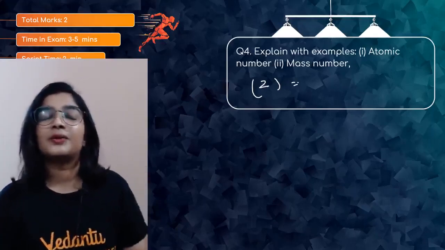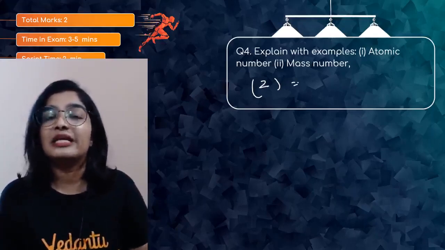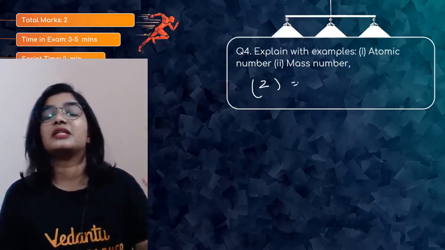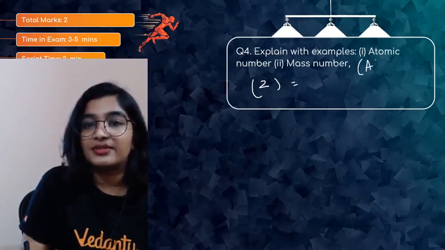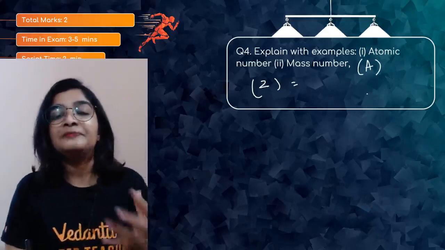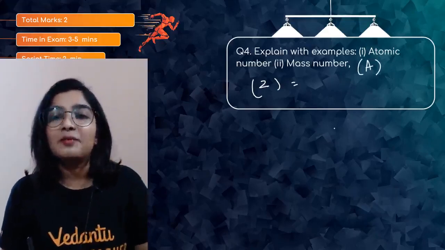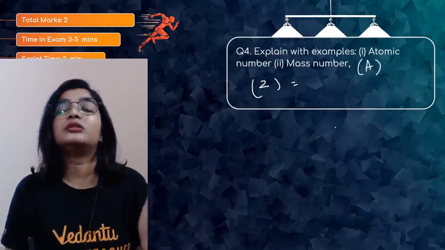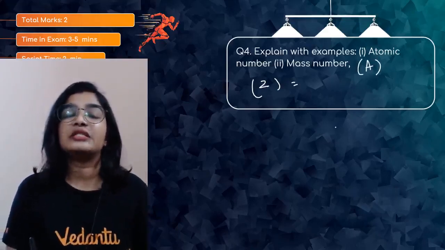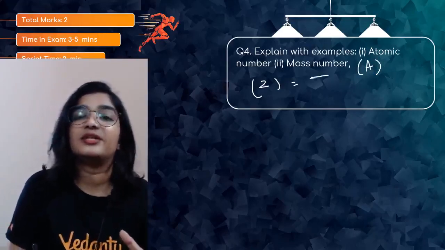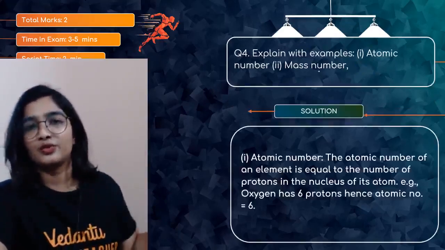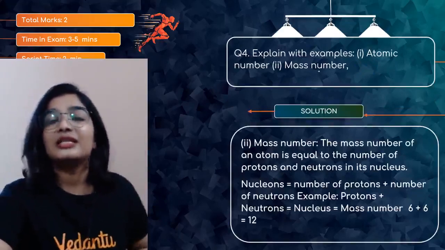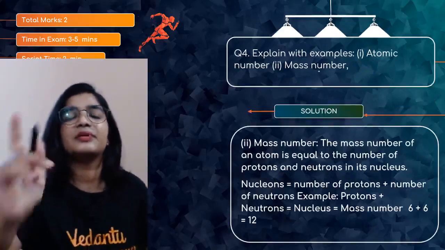So atomic number, how can you define it? Atomic number is the total number of protons present in the nucleus of an atom. And mass number, that is denoted by the letter A, is the total sum of the protons and neutrons present in the nucleus of an atom. So mass number is equal to protons plus neutrons. As they have asked you to explain with examples, give one.